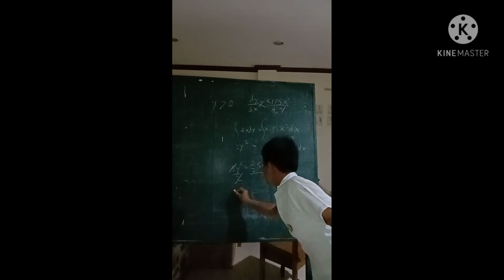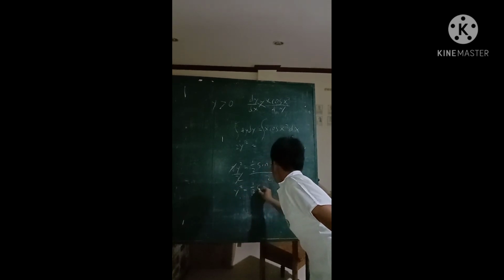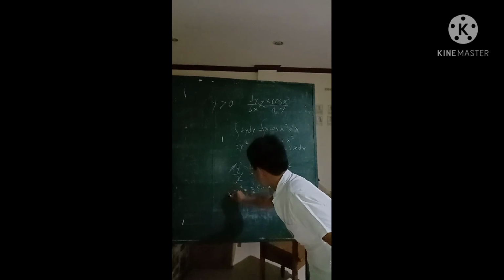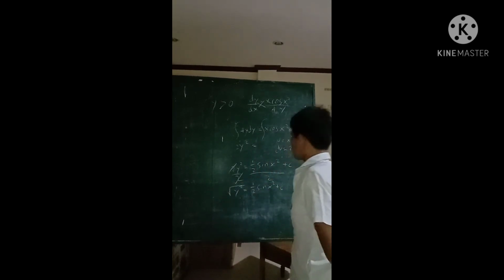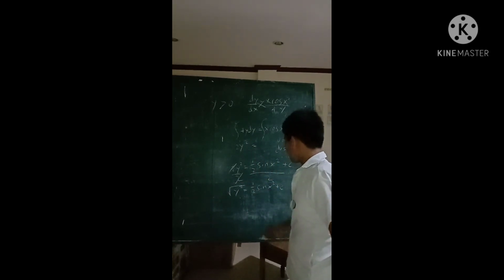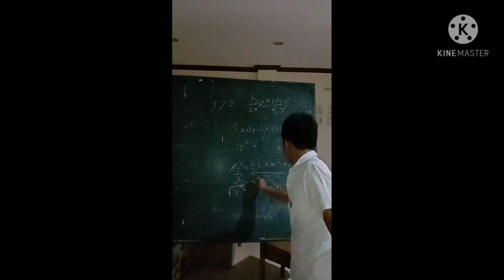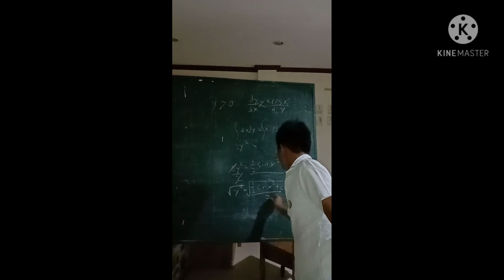The remaining is y squared equals 1/2 sine x squared plus c over 2.